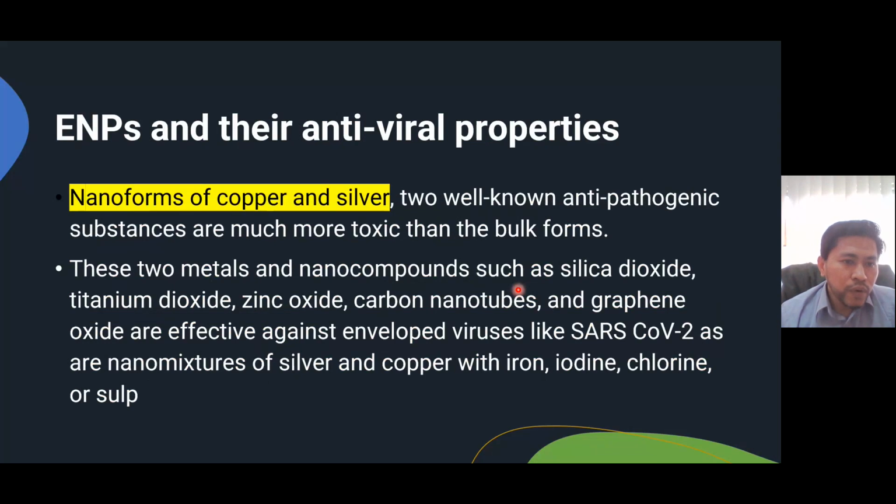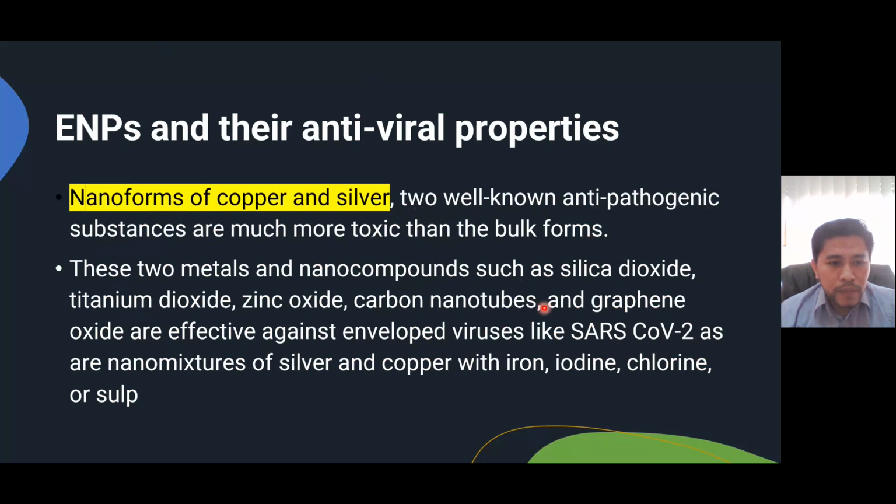So we have nanoforms of copper and silver, two well-known anti-pathogenic substances that are much more toxic than the bulk form. So the ENPs often have properties that differ from the corresponding bulk material. For example, here we have nanoforms of copper and silver, the two well-known anti-pathogenic substances. These are much more toxic than the bulk form.